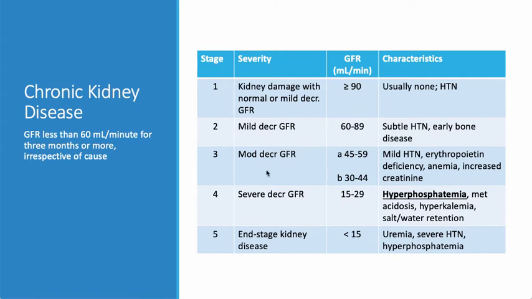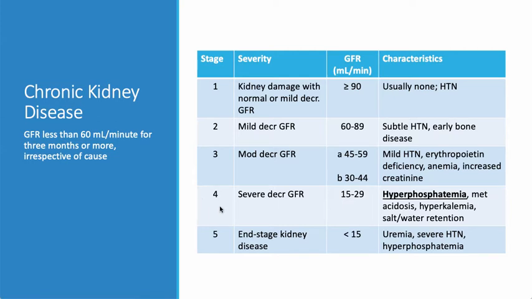So we subdivide this stage into A and B. Stage A is a GFR 45 to 60, and stage B is the more advanced form that's 30 to 44. So these are patients who need to be identified so that we can keep their renal function from deteriorating.